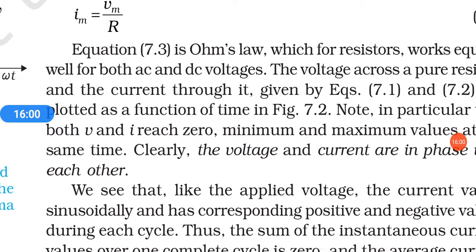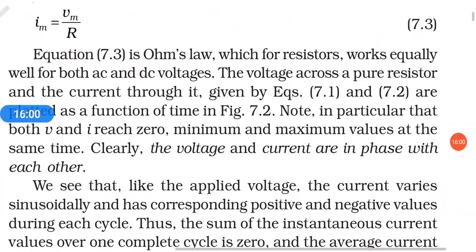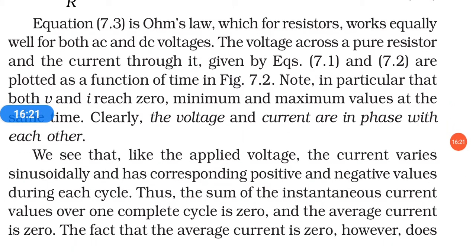See here, this is the voltage. The voltage and current are in phase with each other, and the current, like the applied voltage, varies sinusoidally, taking corresponding positive and negative values during each cycle.